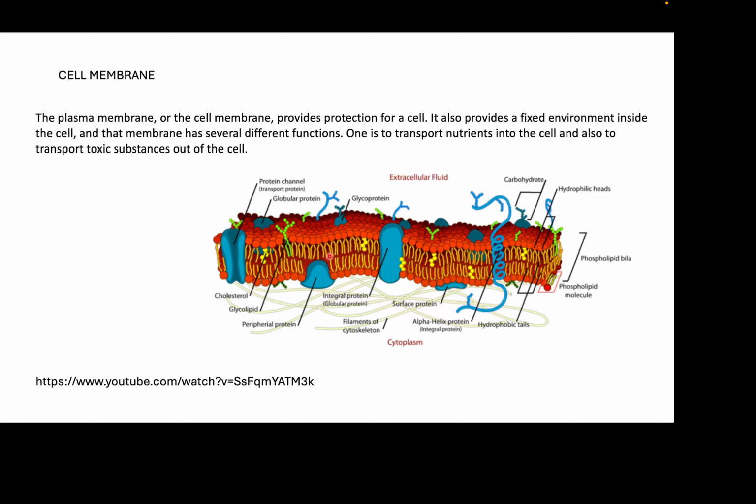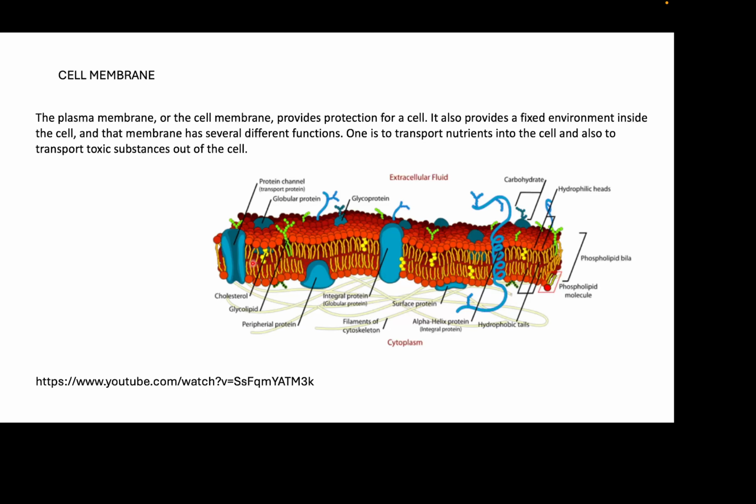There are different types of lipids. Okay, one type of lipid which is predominantly present in eukaryotic cells is called phospholipid. Okay, this phospholipid makes the bilayer type of membrane.